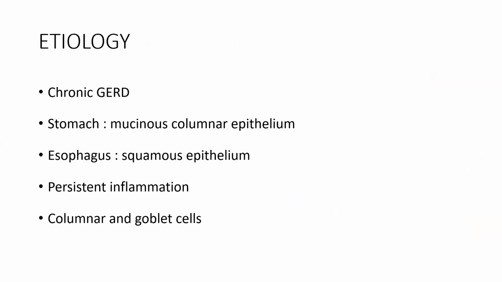Most patients with Barrett esophagus have a known history of chronic GERD. There is reflux of gastric acid and bile through the lower esophageal sphincter into the distal esophagus. The stomach lining is a mucinous columnar epithelium that can withstand the acid environment, which is required for digestion.